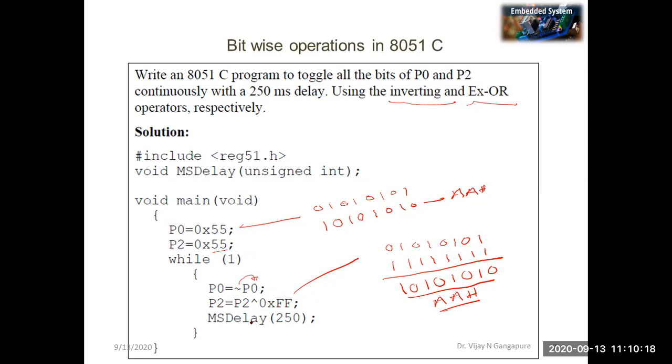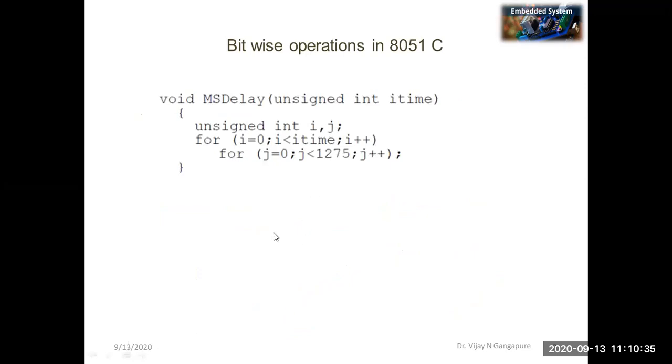Then we are calling the delay subroutine that produces a 250 millisecond delay if a particular microcontroller and oscillator frequency of 11.0592 is used. So this MS delay subroutine written here produces a 250 millisecond delay.